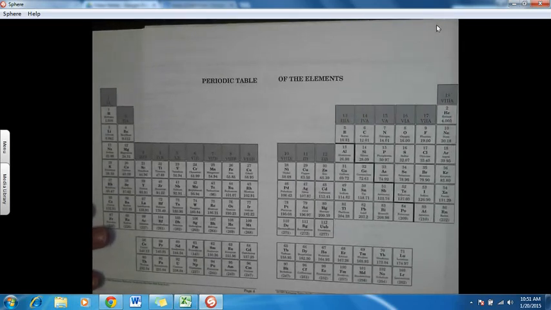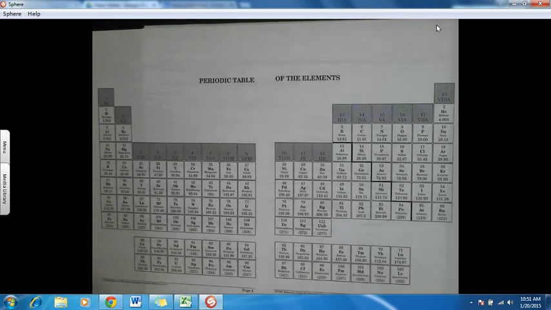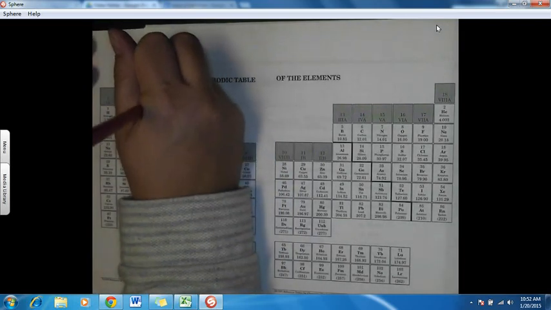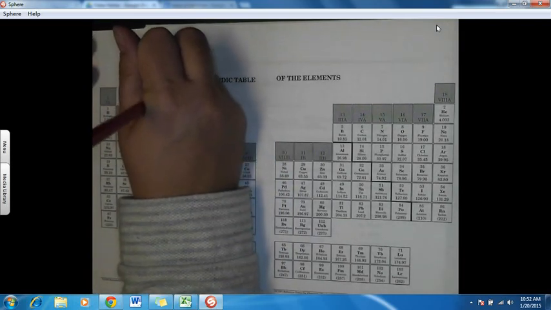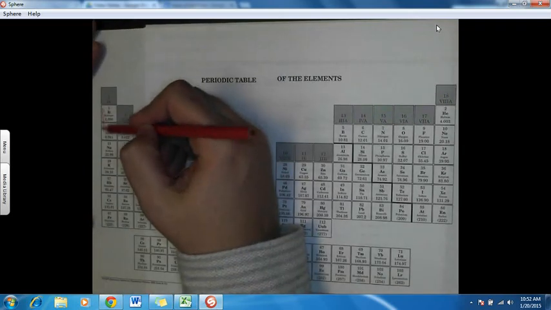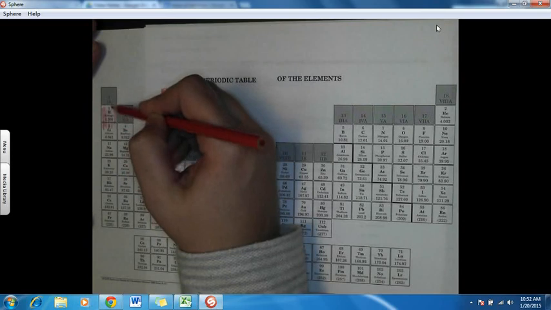On our periodic table, you see there are different sections. The first two columns represent what's known as our S sublevels. And we're going to color those in. I picked red.